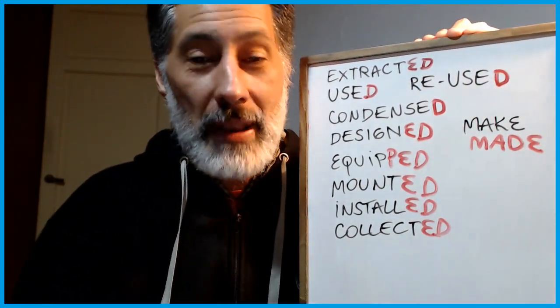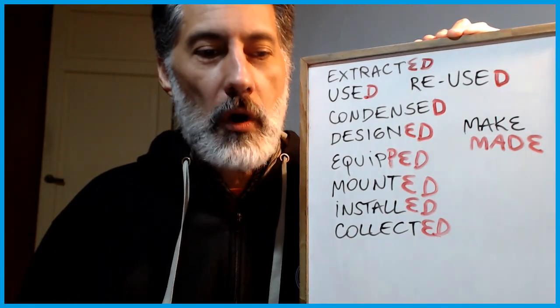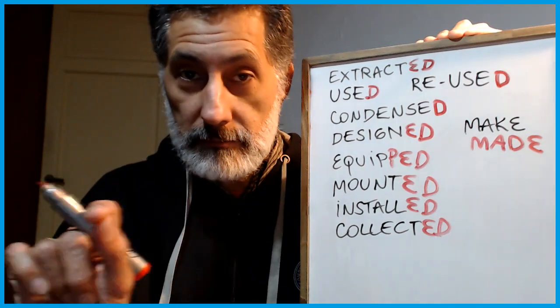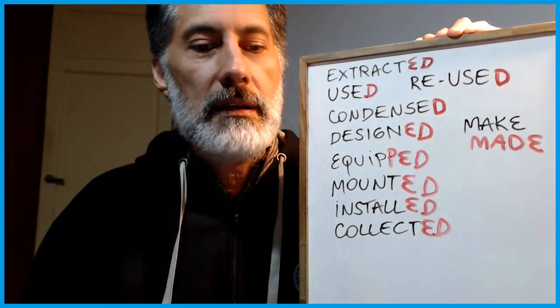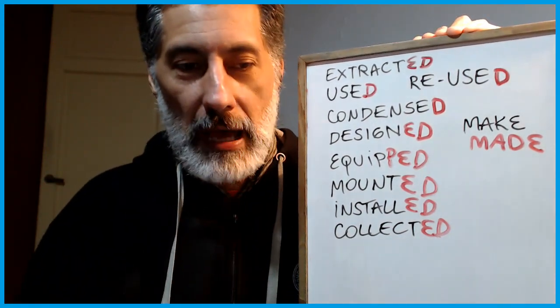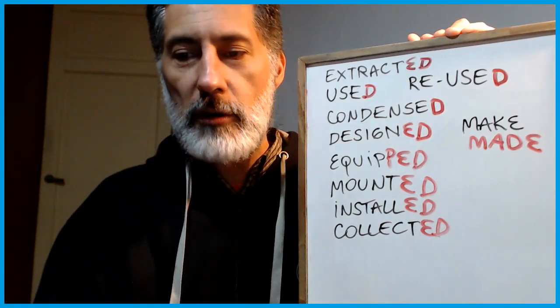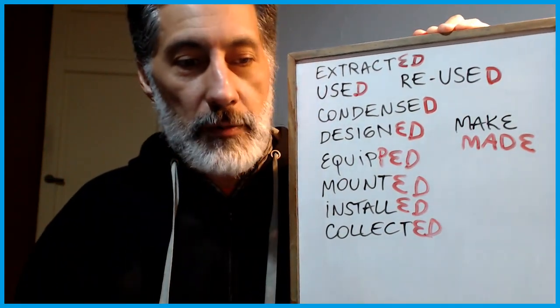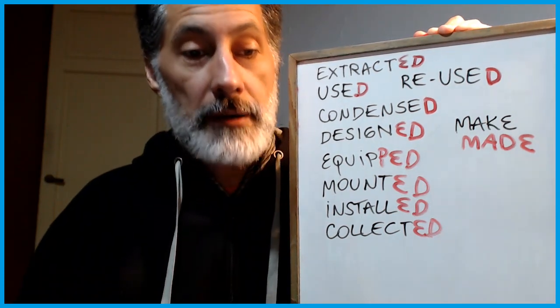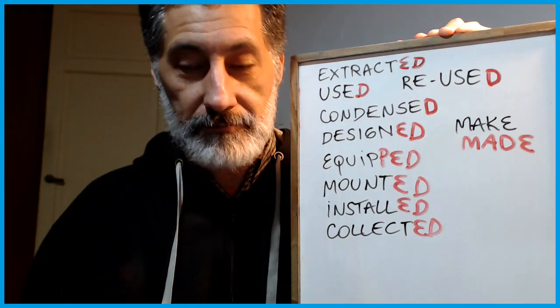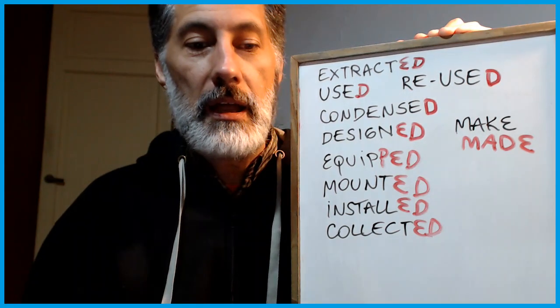Okay, number 1, sentence number 1. Auxiliary generating sets are blank for continuous operation. Ahí es donde va la palabra, uno de estos verbos, en la forma que corresponda. Auxiliary generating sets are for continuous operation. Number 2.